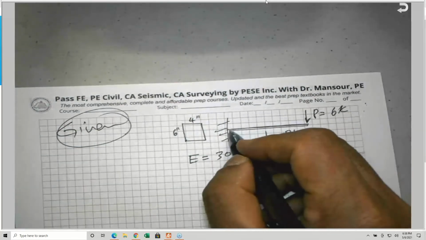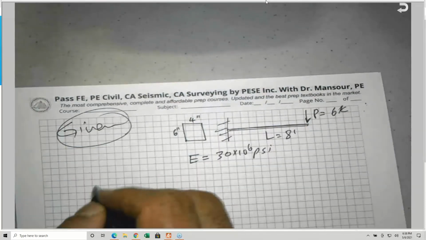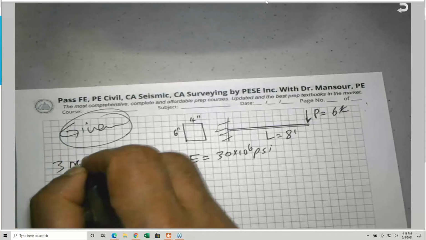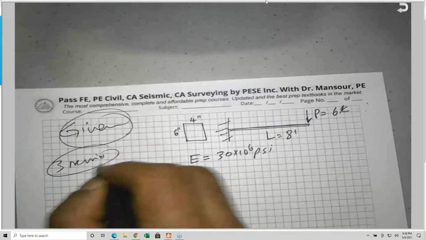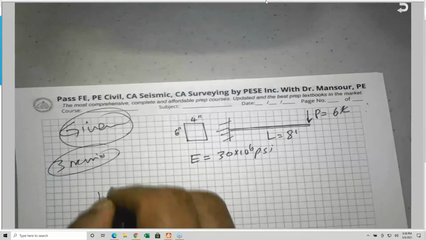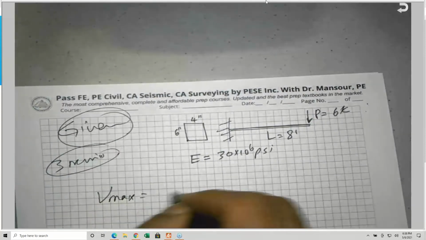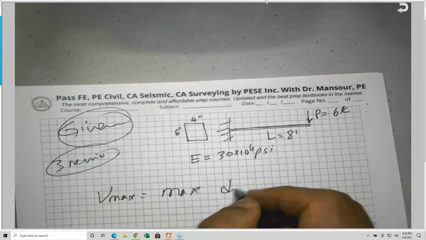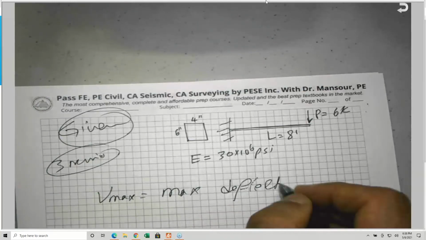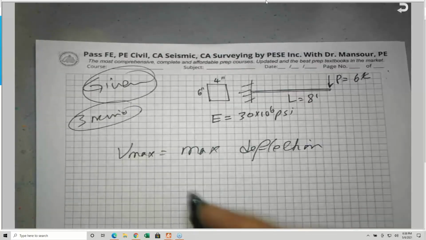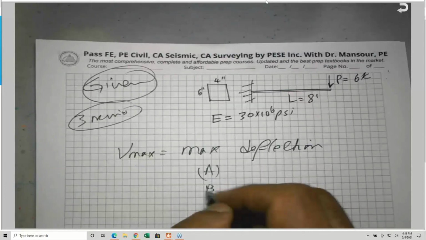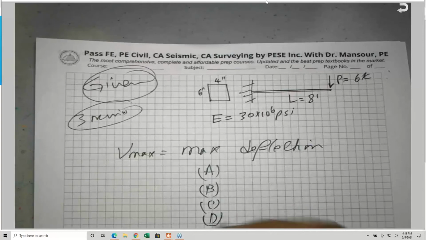Let me give you 3 minutes. What is the Vmax, the maximum deflection? And we are going to get answers A, B, C and D. I need you to participate.